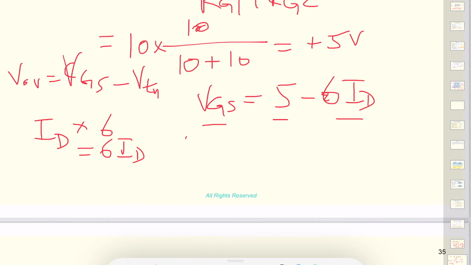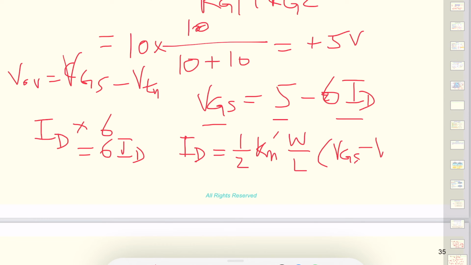Now ID in saturation is given by the relationship half Kn prime, which is again mobility times oxide capacitance, W over L, VOV squared, which we can write in expanded form because we are not given the VOV, as (VGS minus VT) squared. So here we know everything, but we don't know VGS and we don't know ID.